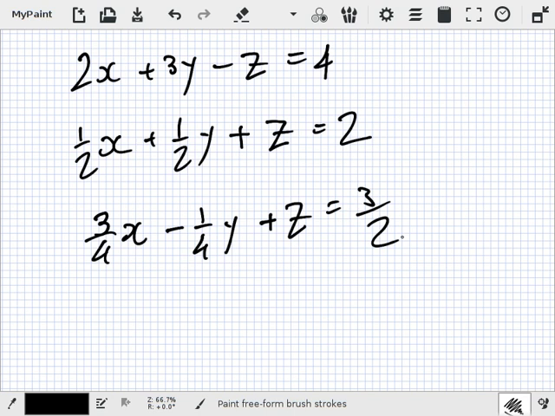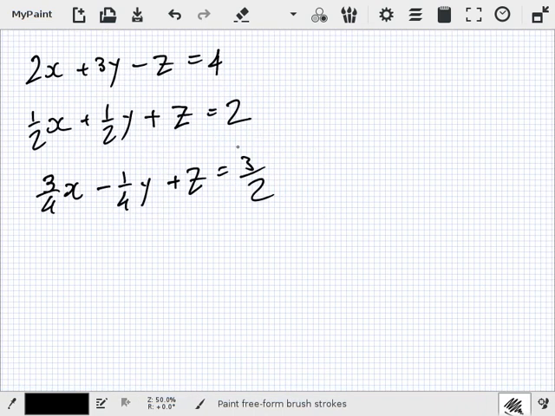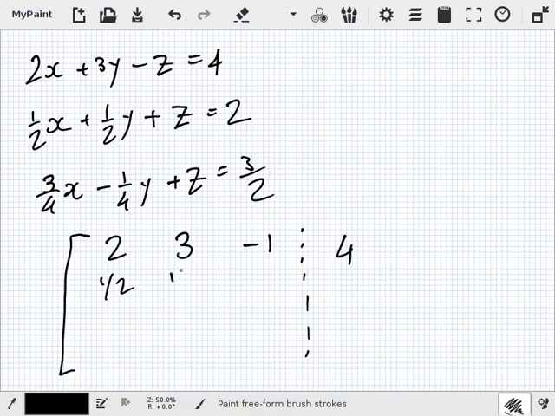Right, okay, so let's look at the Gaussian method for this. First I'll change it into my block: 2, 3, minus 1, 4. A half, a half, 1, 2. 3/4, minus 1/4, 1 and 3 halves.